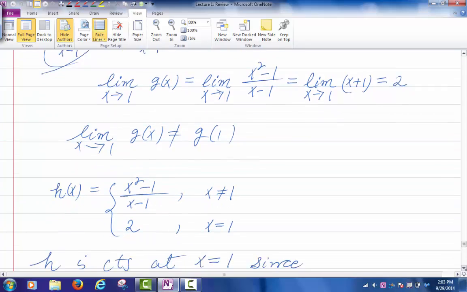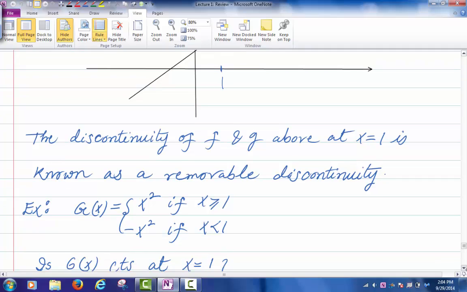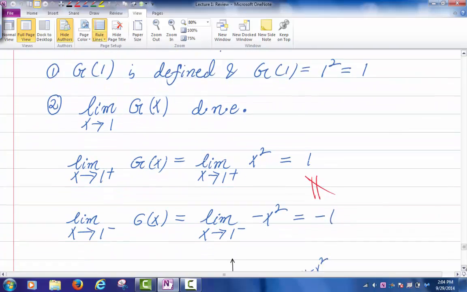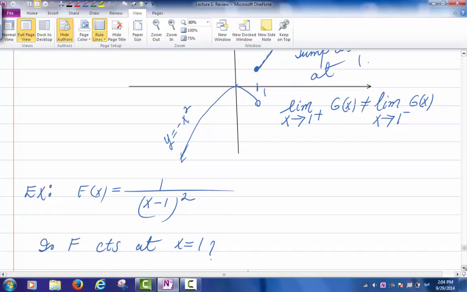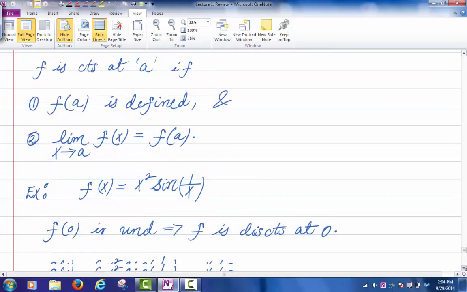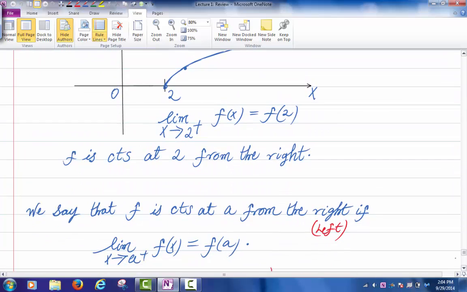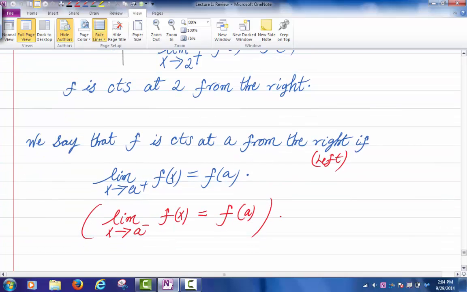Okay, and also we looked at what it means to say that f is continuous at a point from the right or left. So let's look at that. We say that a function f is continuous at a number a from the right if the right hand limit of f at a is equal to f of a.